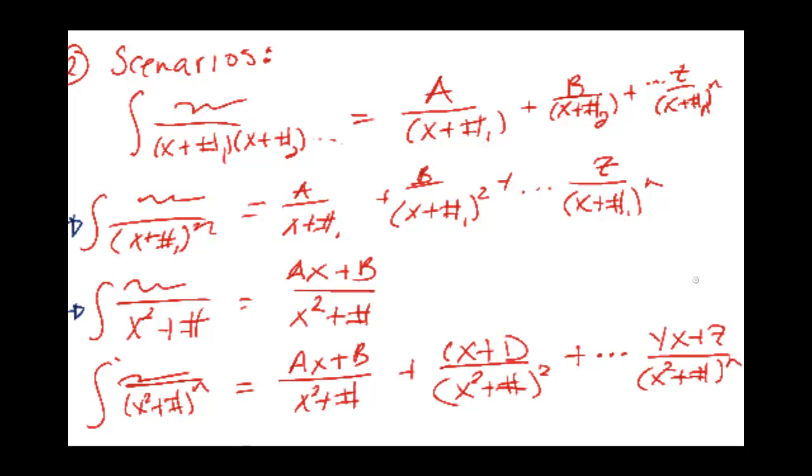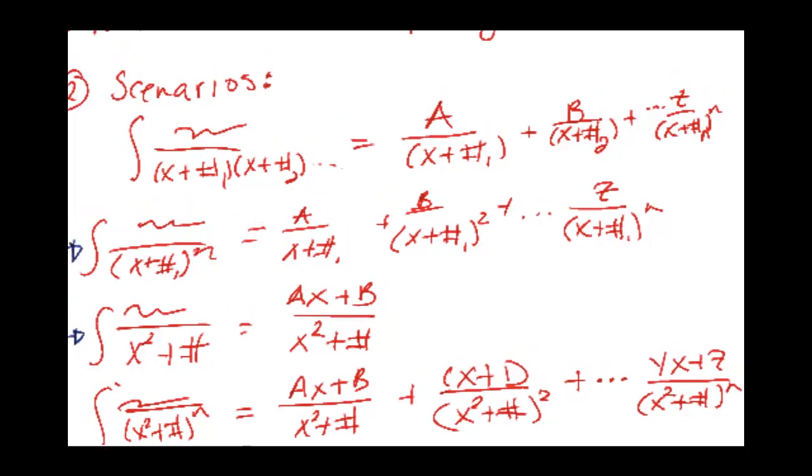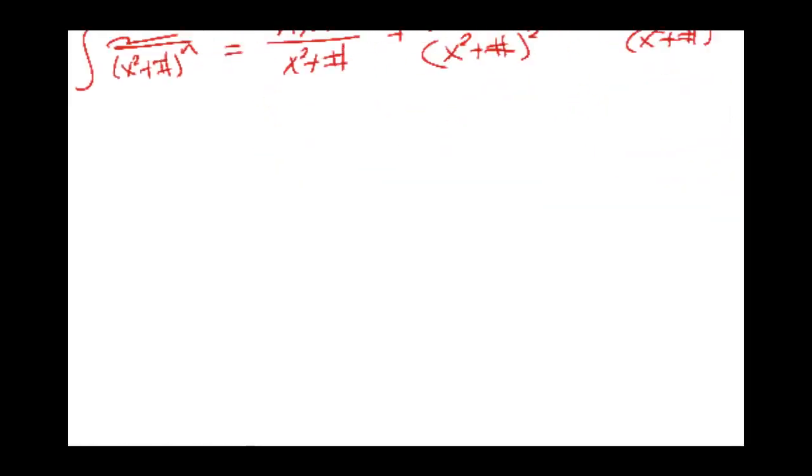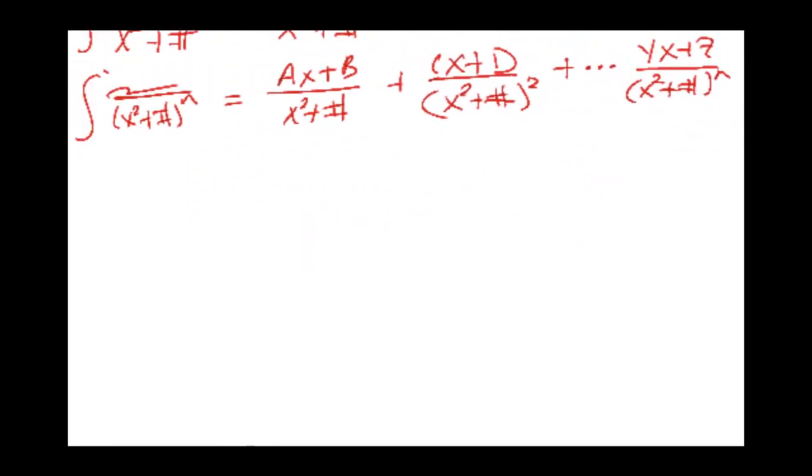Alright, if you know these basic scenarios, your life will be much easier. You'll be able to recognize what goes in the numerators much quicker. Okay, so after you've decomposed it into its proper rule, then the next step, well actually this would be step 3, factoring was step 1, decompose 2. Now you multiply both sides by the denominator.